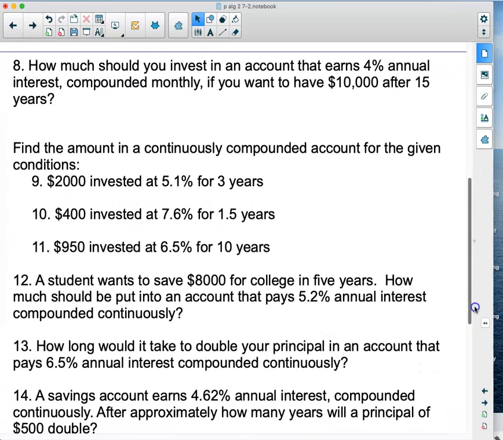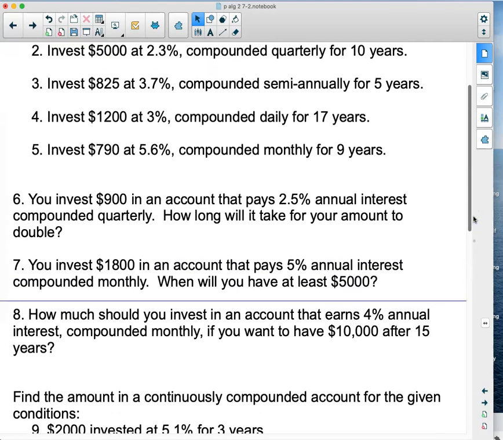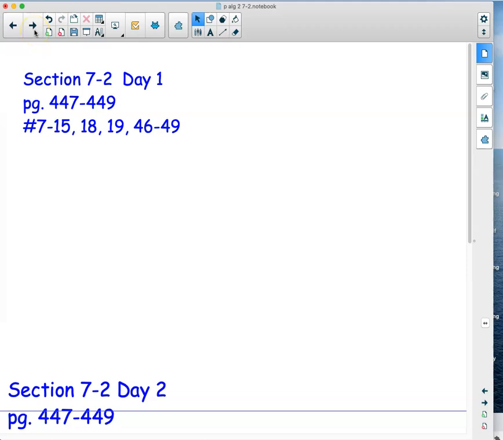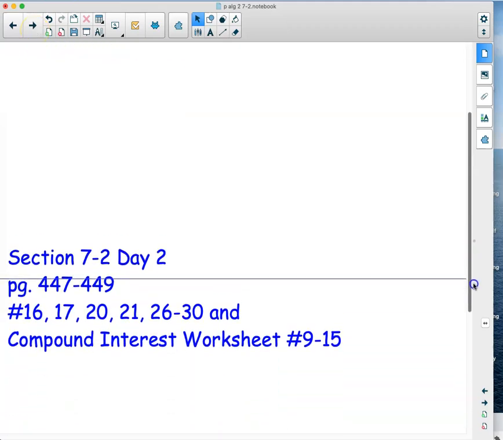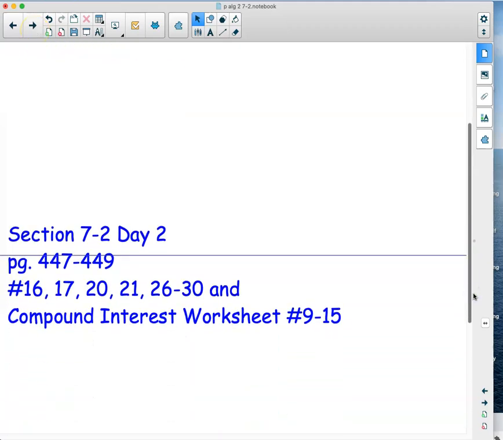If you can't find it, after you write the assignment down, I'll put it back up here so you can do those. So there's day 2's assignment. And then, like I said, after I see everybody has it written down.